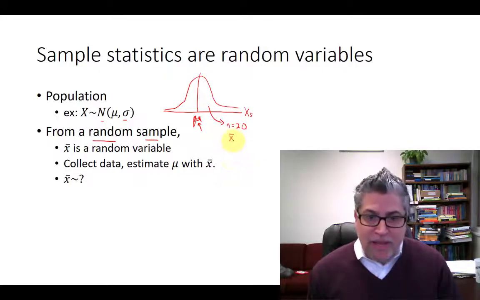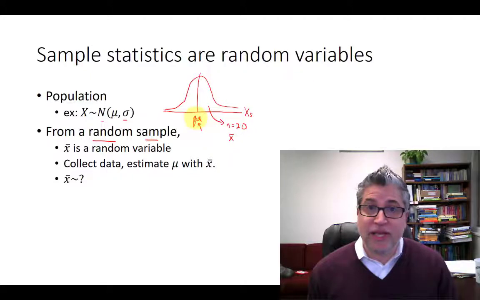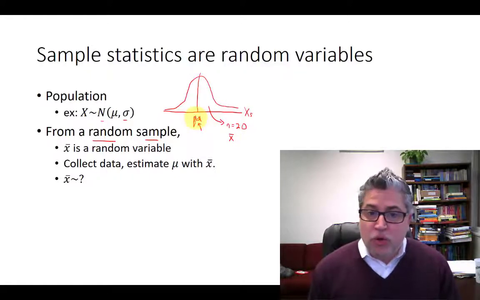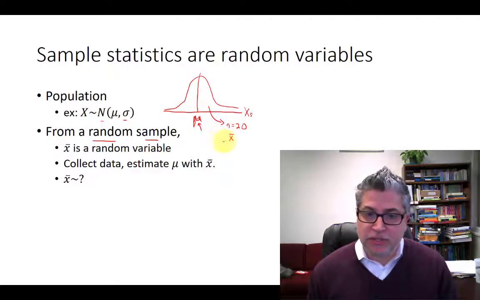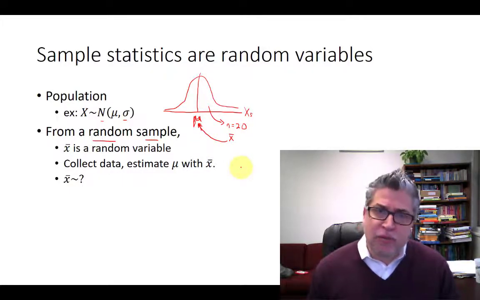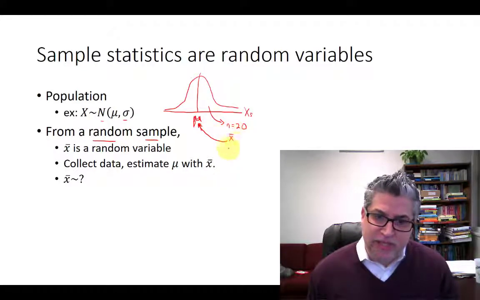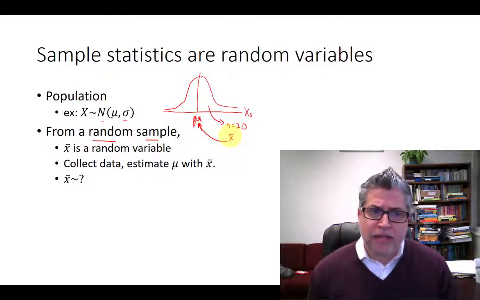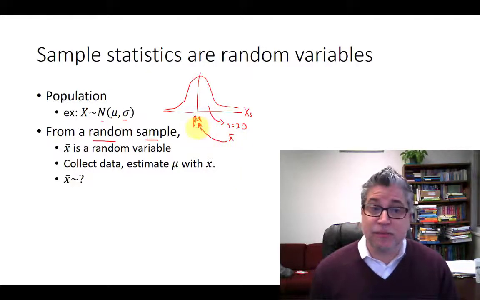Now that's going to be our best guess for what mu is. Right? And that's usually where people stop. They just say, well, this is my best guess, and let's get on with life. But we need to be more precise about how accurate this number is, and why we can feel like we can get away with using X bar as an estimate for mu.